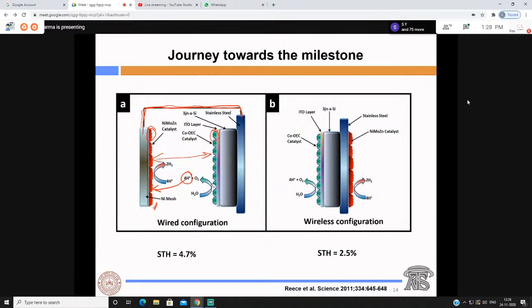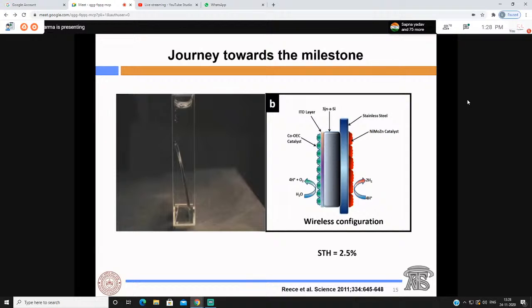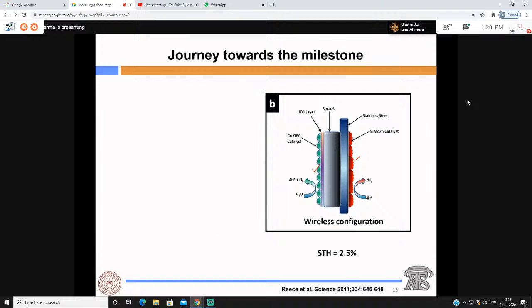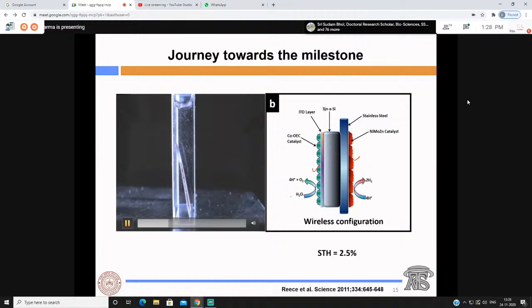This is a practically achieved cell, and he showed a video of how the cell works. So here I'll show the video. This is the solar cell over which the materials are deposited on both sides, and when light shines over the surface, that causes the oxidation of the water molecule for oxygen generation, and reduction on the other surface for hydrogen generation.